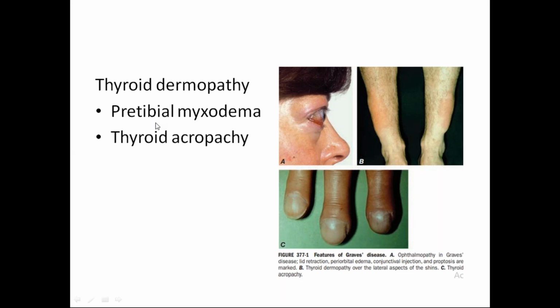Okay. Next, the third feature is thyroid dermopathy. The main features in thyroid dermopathy are pretibial myxedema and thyroid acropathy. Pretibial myxedema is an indurated, non-inflammatory swelling of the anterior and lateral aspects of the legs.